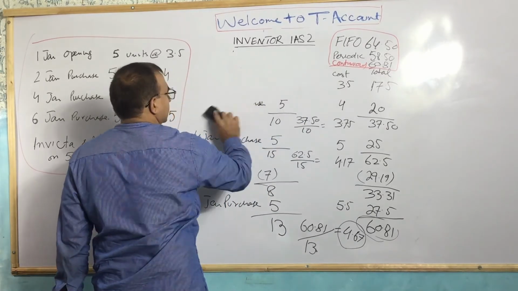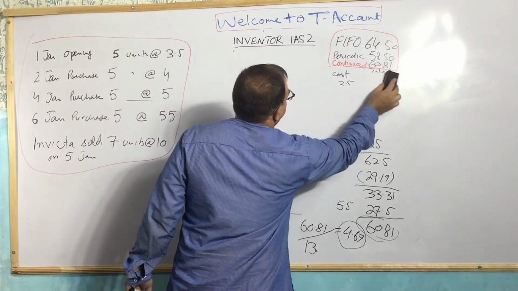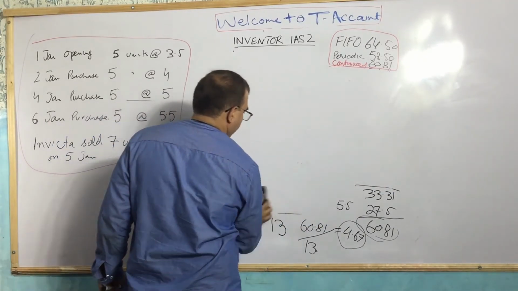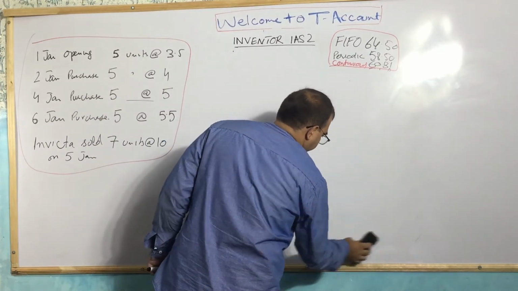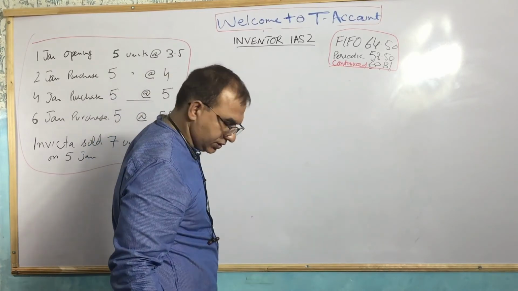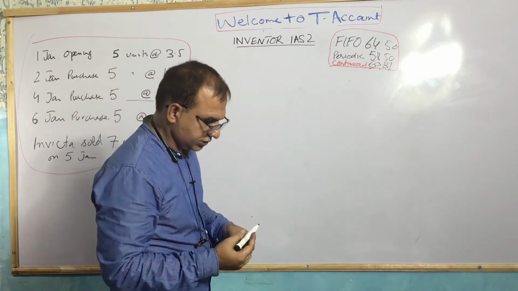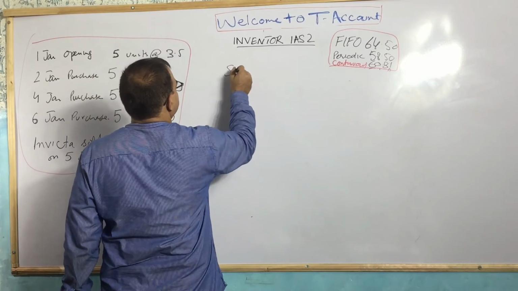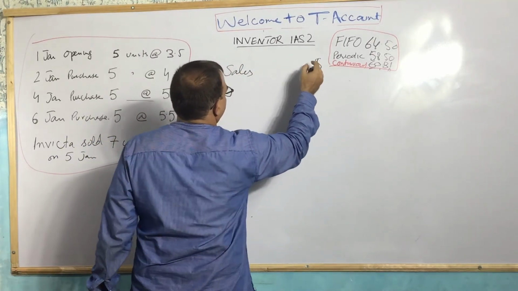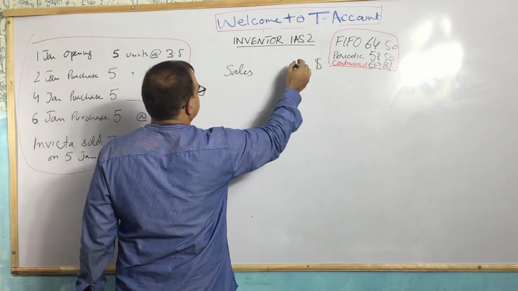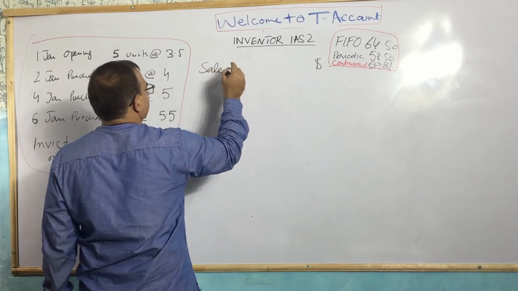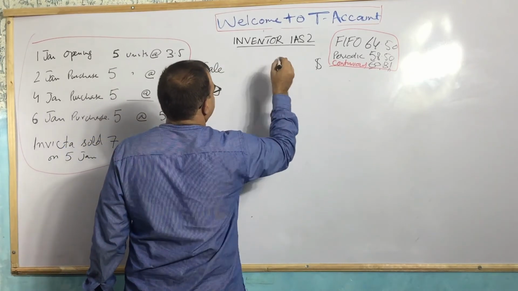Now they are asking us to calculate the profit using these 3 methods. Now, for this gross profit calculation, what do we need? We need sales. Keep the sales here so that I have some space for some calculations.